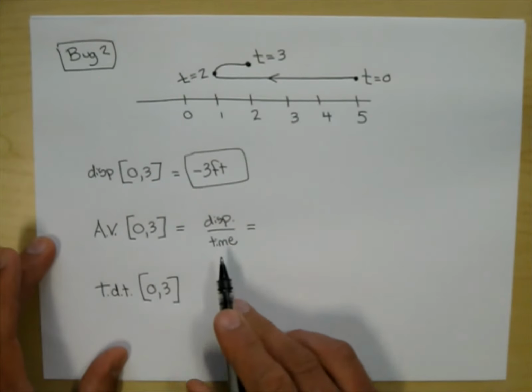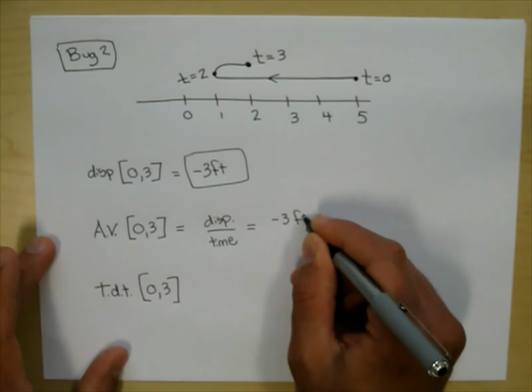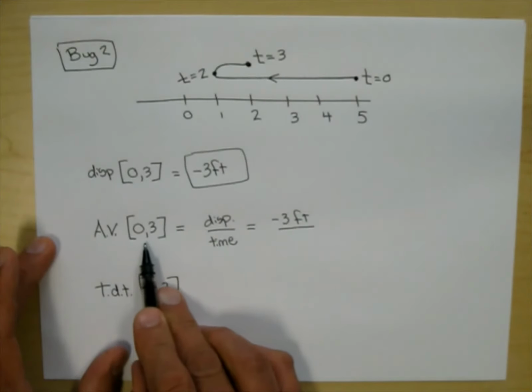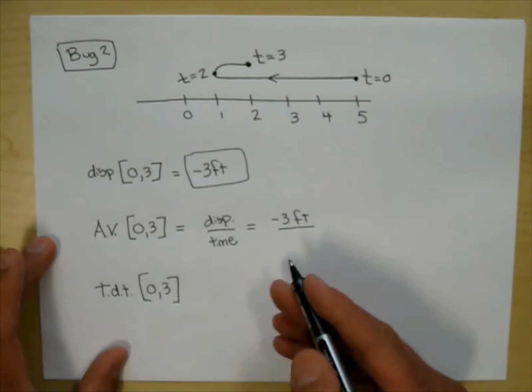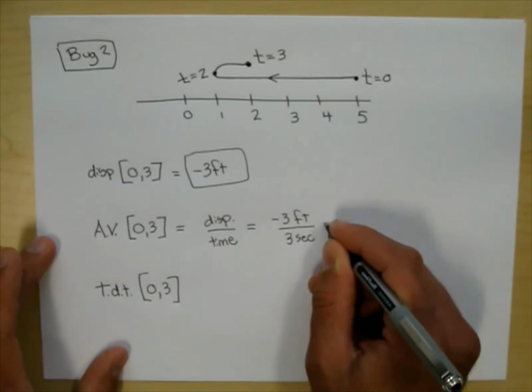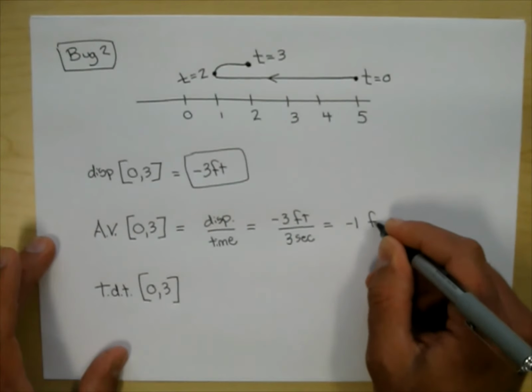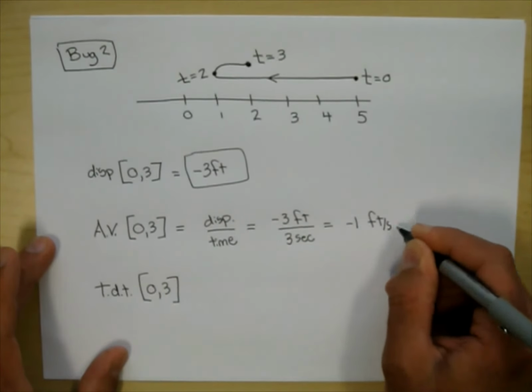Now the displacement is -3 feet. And the time within this time interval, well, that's not hard to see that it's going to be 3 seconds. And so our average velocity over that time interval is -1 foot per second.